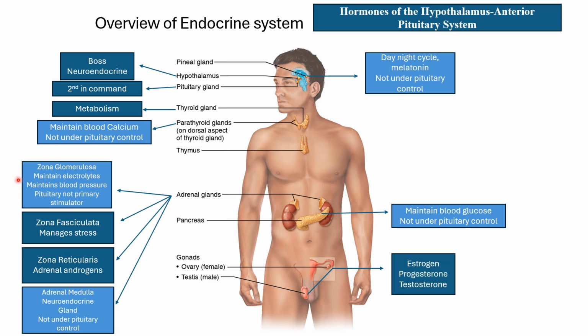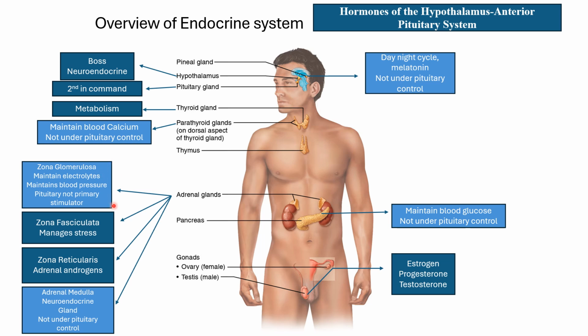And then this is the zona glomerulosa of the adrenal gland. This is also not under the influence of the pituitary gland. It responds to low blood volume, low blood pressure, low sodium and high potassium. So this is also not under pituitary influence under normal conditions.